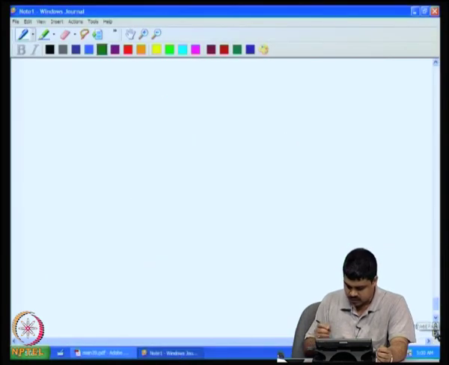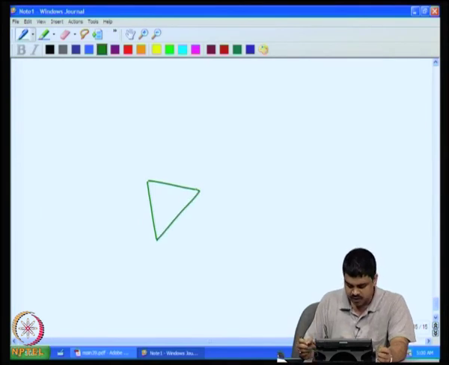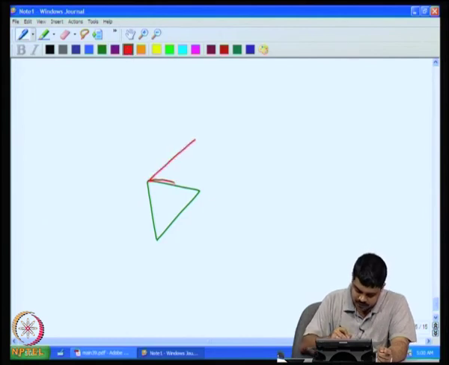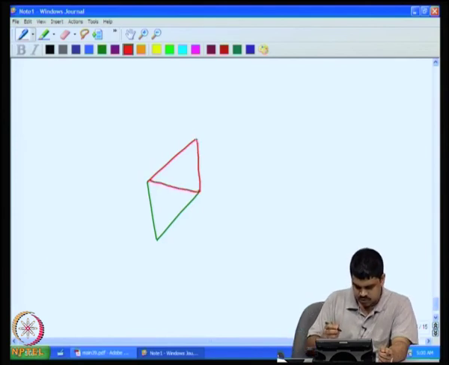We start with one triangle, which is edge maximal K_4 minor free. Then we can identify an edge and paste another triangle along this edge. Now this is a new graph. We can of course take another triangle and identify an edge here.